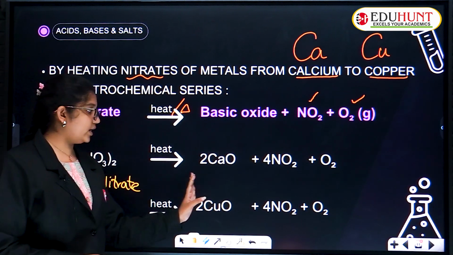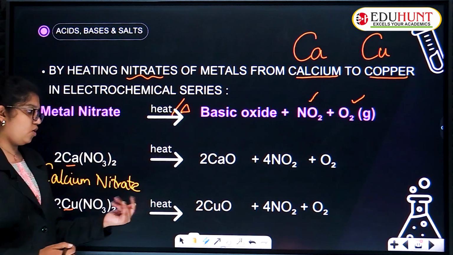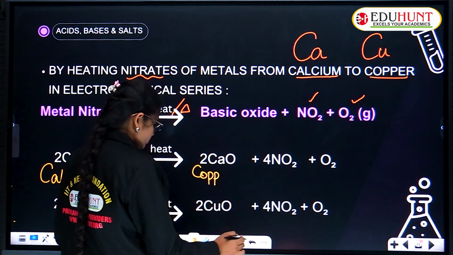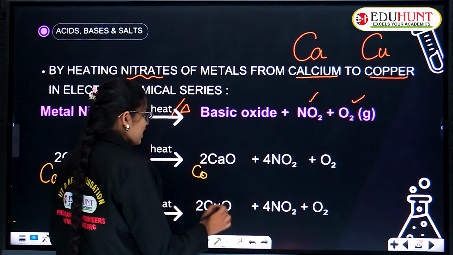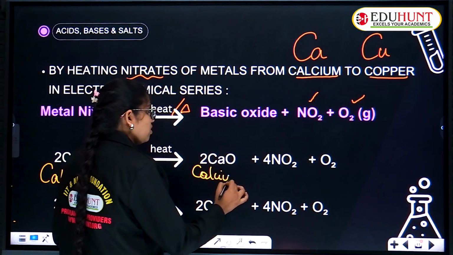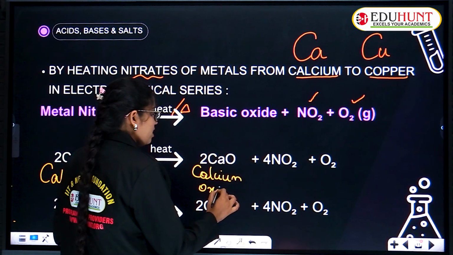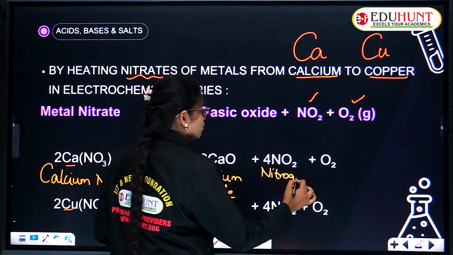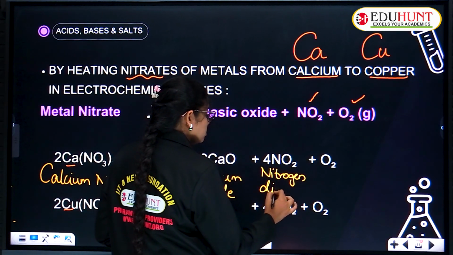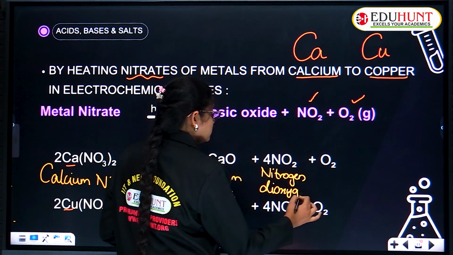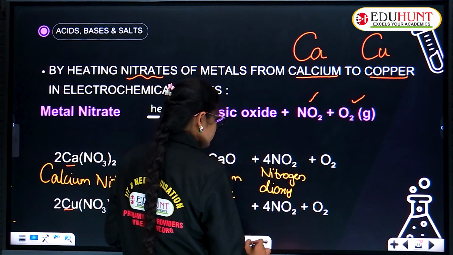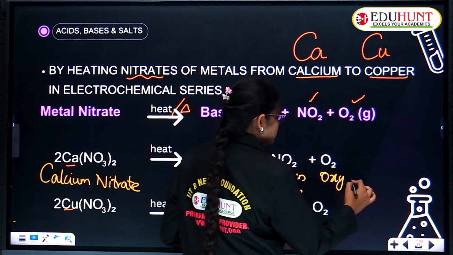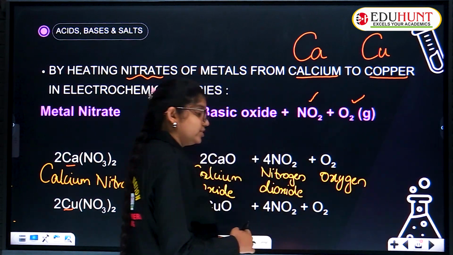Upon heating, what do we get? We get a basic oxide, which you know already: 2CaO, calcium oxide. And we also get 4 molecules of nitrogen dioxide, and also oxygen gas. Okay, children?